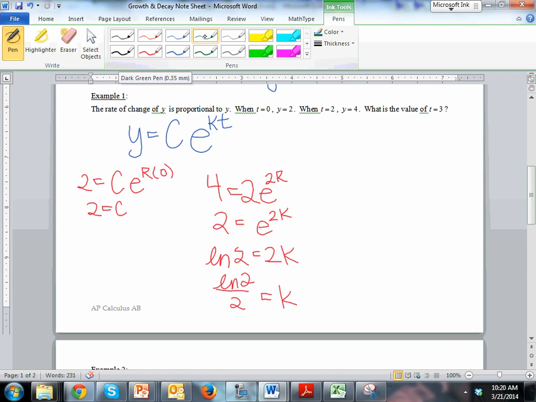All right, so we have y equals 2e to the kt. What is our k value? Anybody put it in your calculator? 0.34657. Okay.